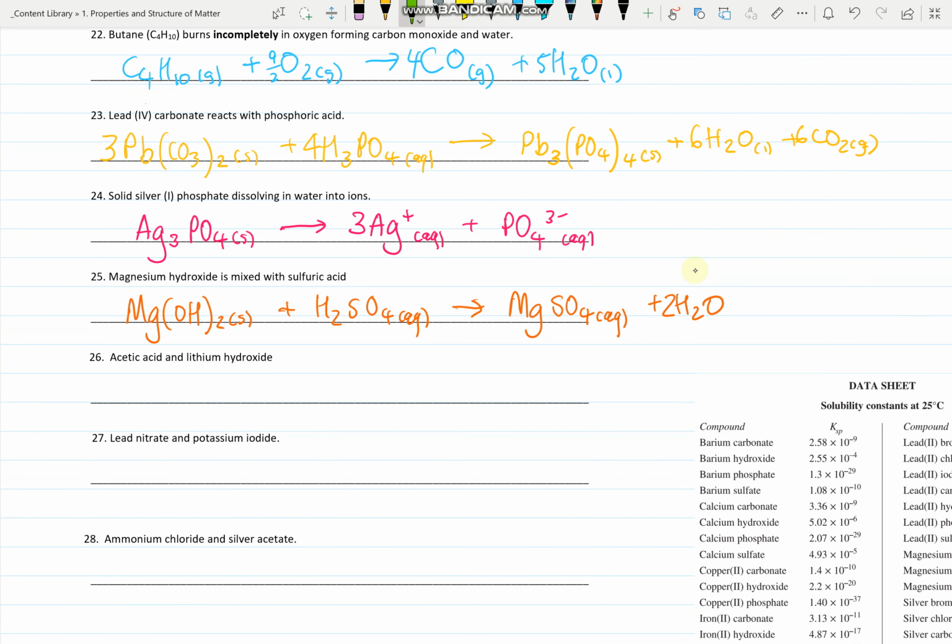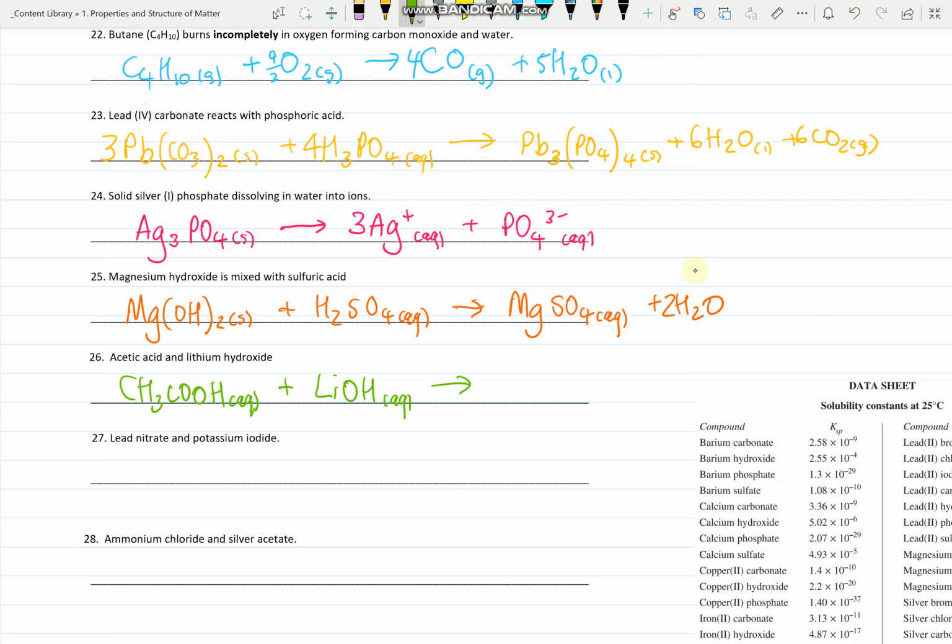Okay, acetic acid. It's an acid, it's always aqueous, and it's on your polyatomic ion list. Lithium hydroxide is just a base. Haven't really explained, so I might explain what a base is. That's anything that brings down the ratio of water. It's actually in the top right of this document that I skipped over.